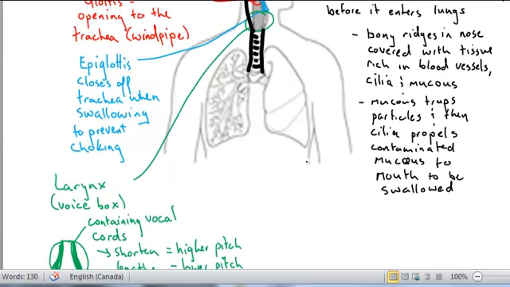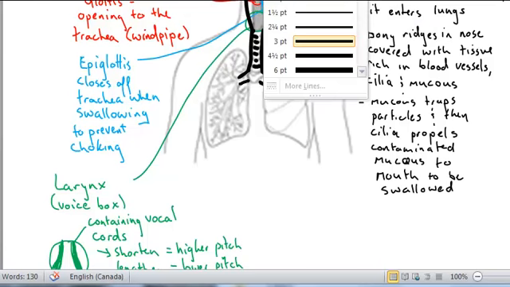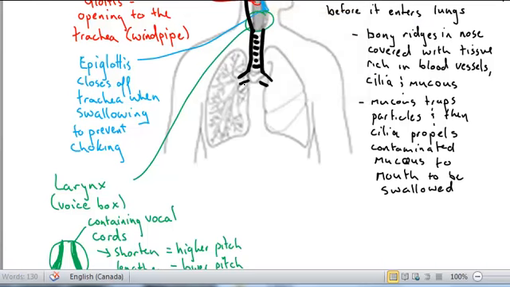We go down a little bit lower. This then branches over to here, to the left and the right lung. And the branches have a name: singular, they're called a bronchus.